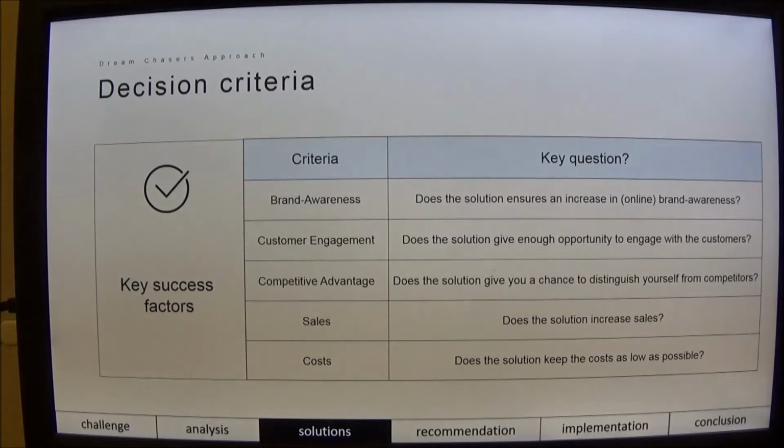In order to make a good decision between these three options, I decided to set some decision criteria the ideal strategies should meet. For example, does the solution ensure an increase in online brand awareness, or does the solution increase sales? And due to the lack of budget, does the solution keep the costs as low as possible?